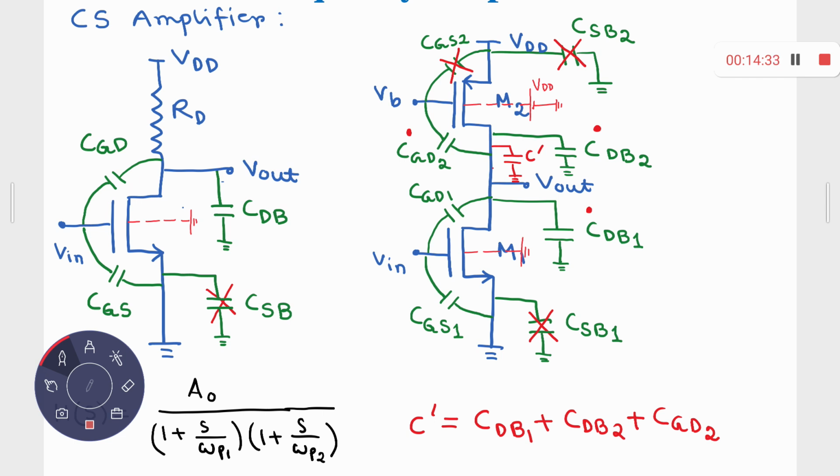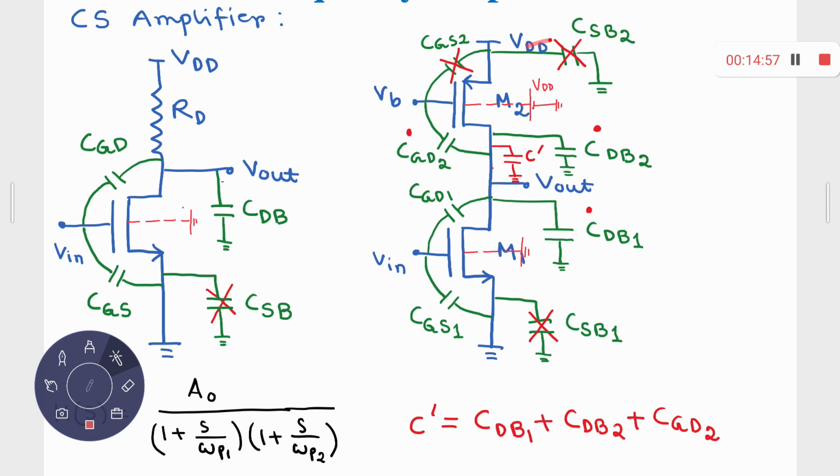For M2, once again you have 4 capacitors, CGS2, CGD2, CSB2 and CDB2. Right? Now out of these 4 capacitors, can you simplify any of them?